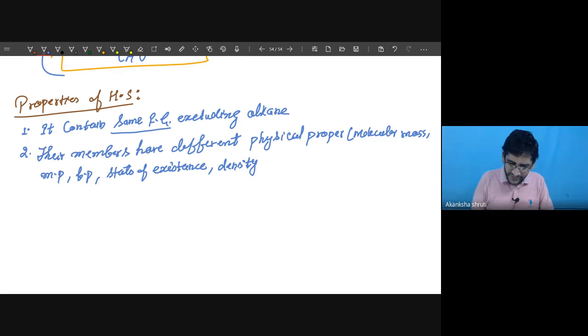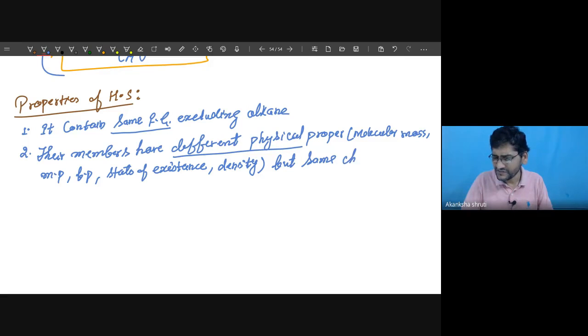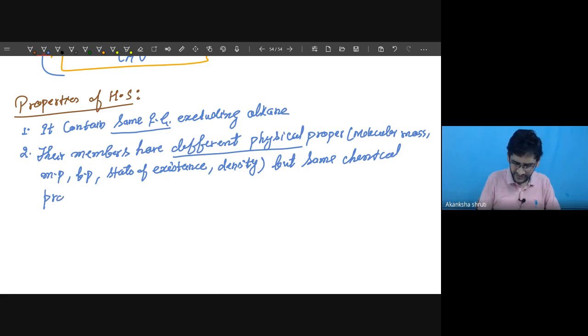So students, the members have different physical properties, but the same chemical properties. Same chemical properties means they will undergo the same kind of chemical reaction.